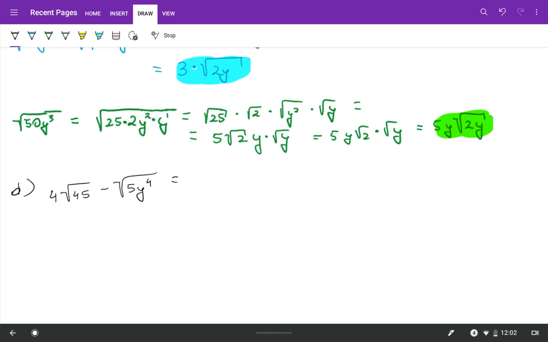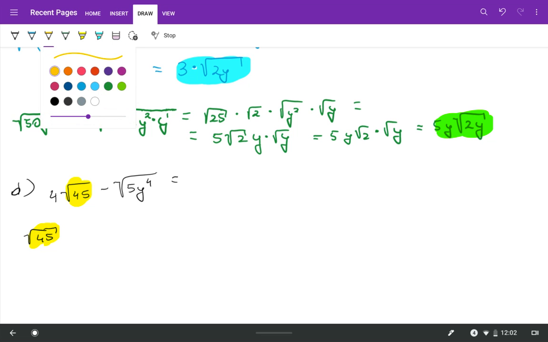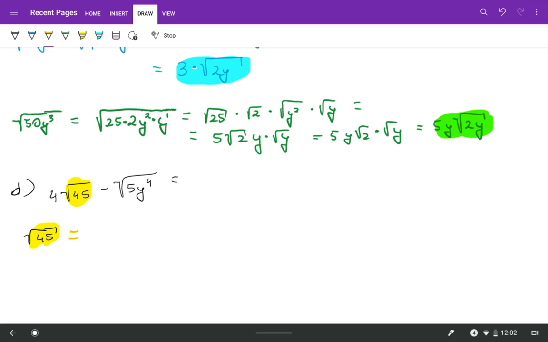So let me first simplify the expression 4 square root of 45. Let's just first simplify that square root of 45. 4 means 4 times square root of 45. So that will just become, and break down 45 as one of the numbers.